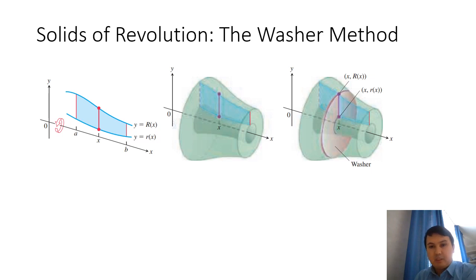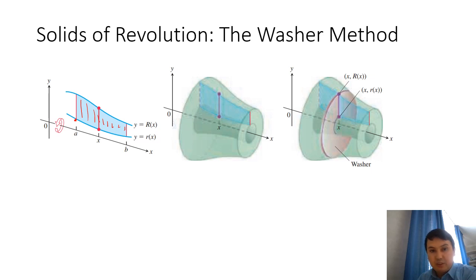Okay, so the last topic for today is the method of washers. So how is it different from the previous one? Well, let's look at the following. Let's say that I have a region, this blue region, that's restricted between two curves, capital R of x and little r of x. Then I rotate this region along the x-axis, right?